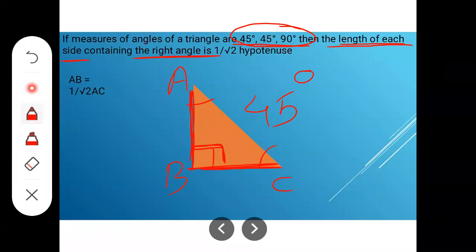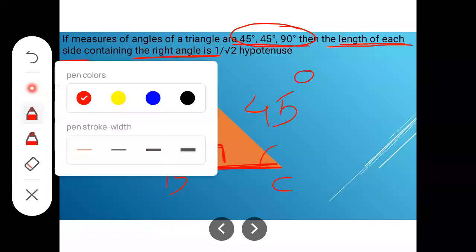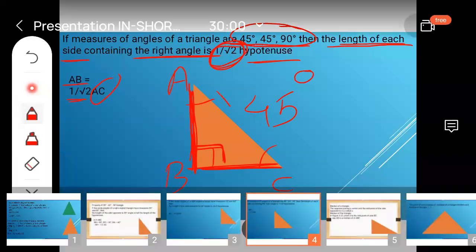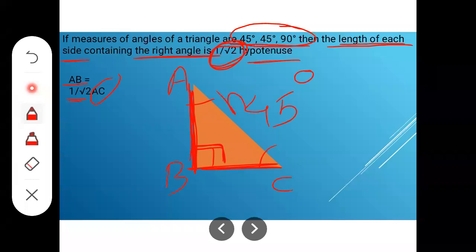Okay, so the length of these sides, one of the sides is AB, that is 1 by root 2 of the hypotenuse, and the hypotenuse is AC. This side is the hypotenuse.